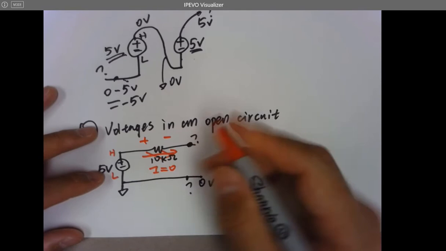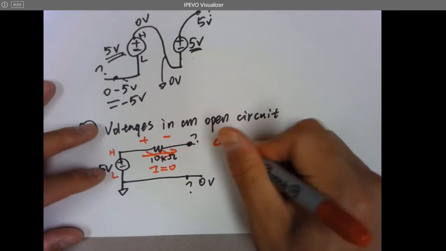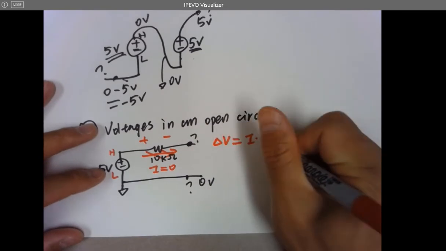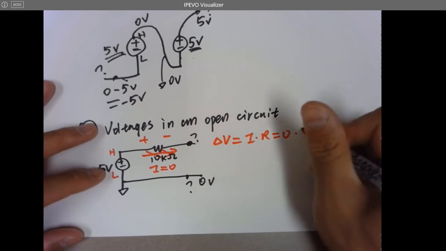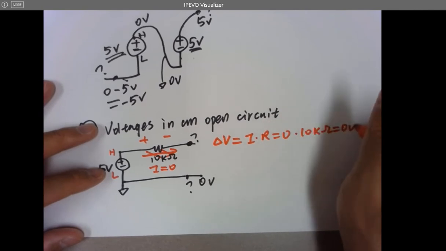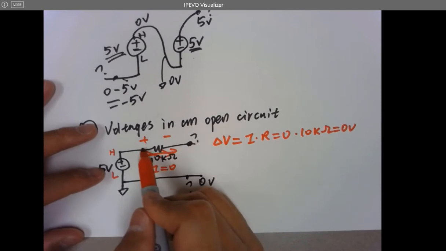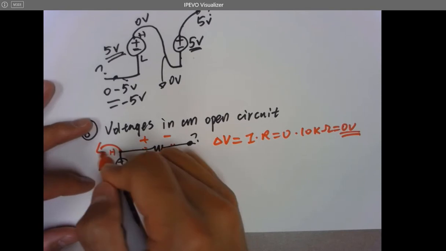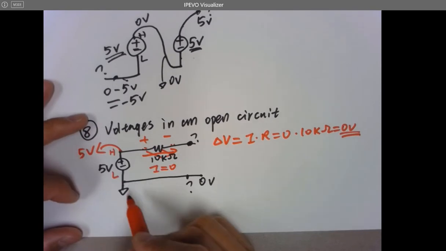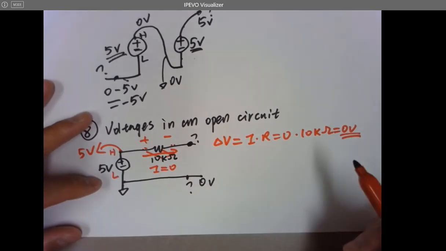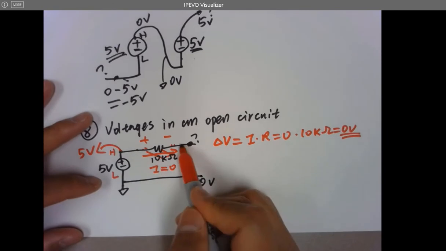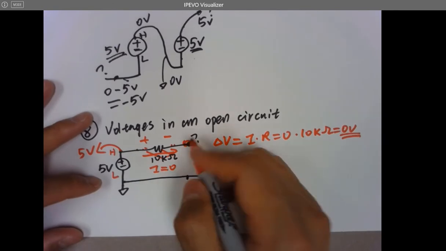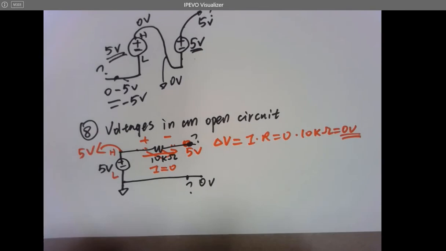According to Ohm's law, delta V equals I times R, which is 0 times the resistance. It's going to be 0 volts. So the voltage difference between these two terminals will be 0 volts. And what's the voltage here? Definitely 5 volts because the battery made it, right? And no difference between here and here, which means the voltage here will be 5 volts as well. Okay, keep in mind, this is a very important concept.